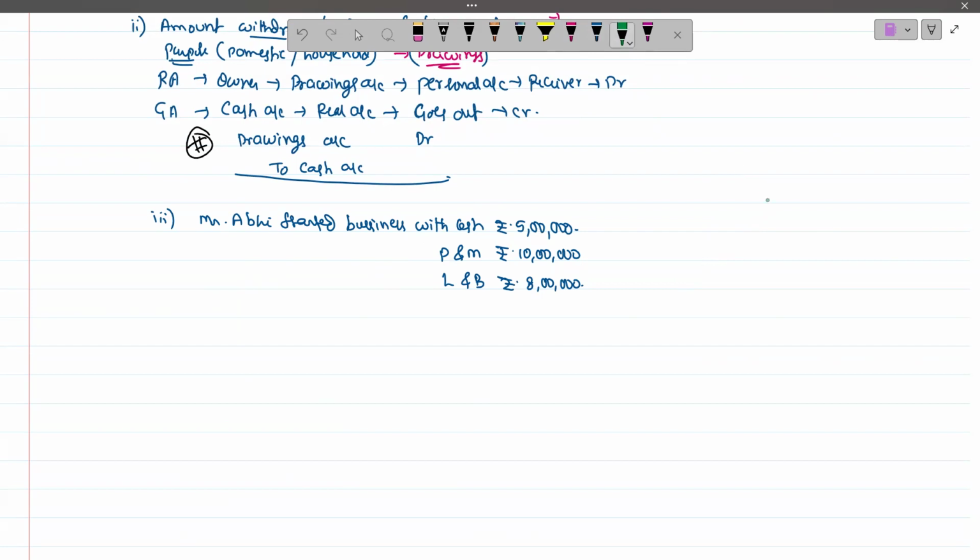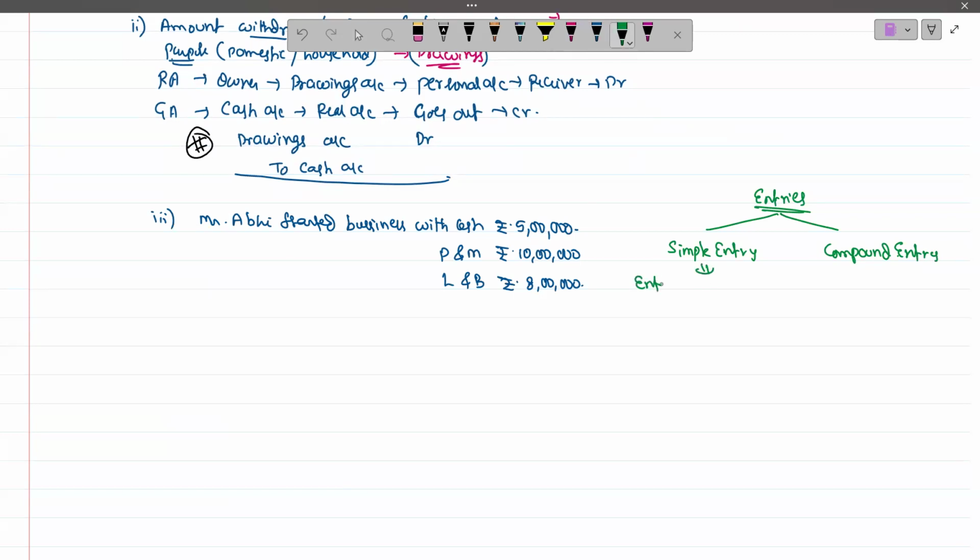And remember, before that, entries are generally classified into two types. One is simple entry and the other is compound entry.